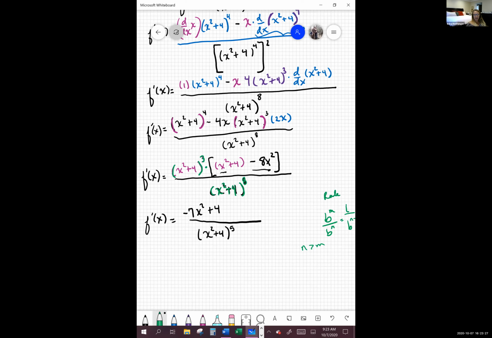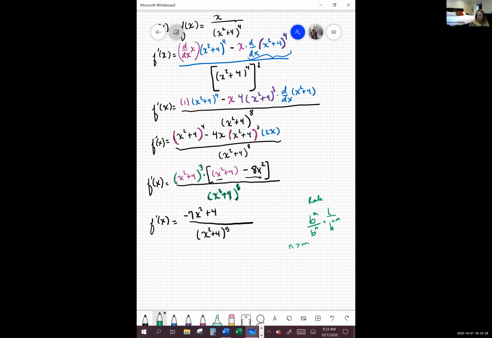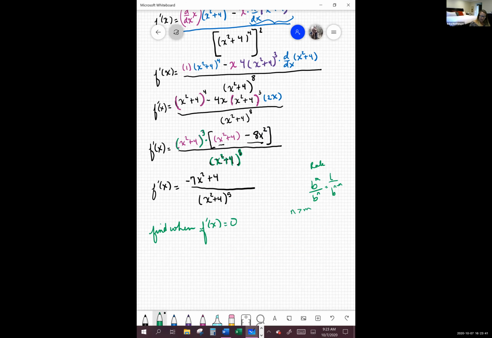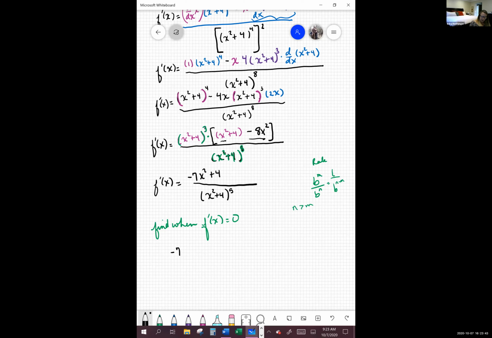Okay, so that was just taking the derivative. So now we need to find when f prime of x is equal to 0. So we need to know when is (negative 7x squared plus 4) all over (x squared plus 4) to the 5th equal to 0.